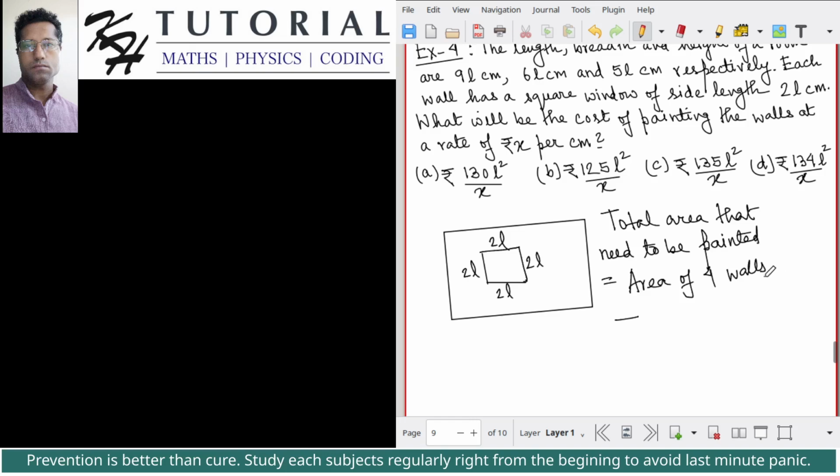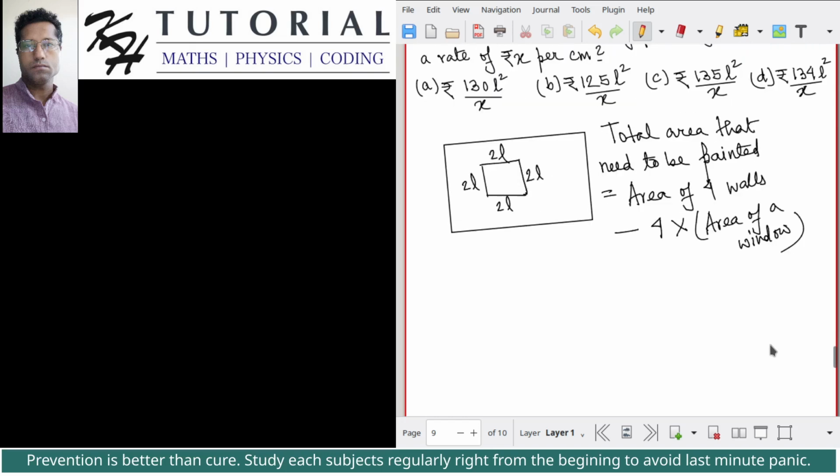So what will be the total area that needs to be painted? It is the area of the four walls minus, since there are four windows, 4 multiplied by the area of a window. So this will be the total area that needs to be painted.